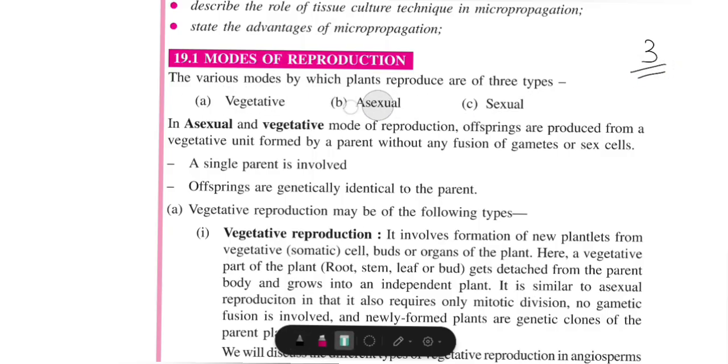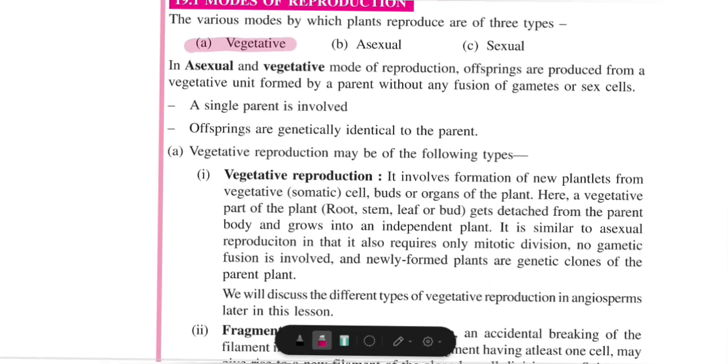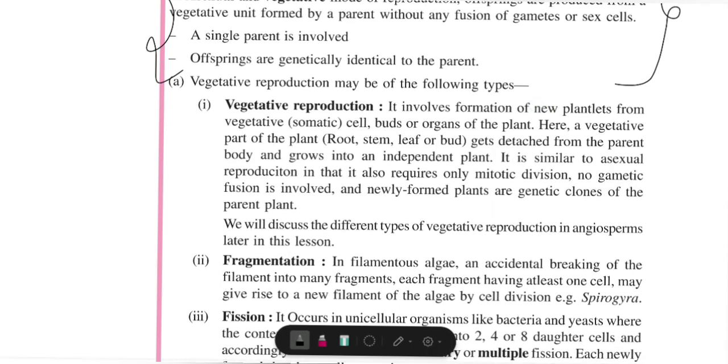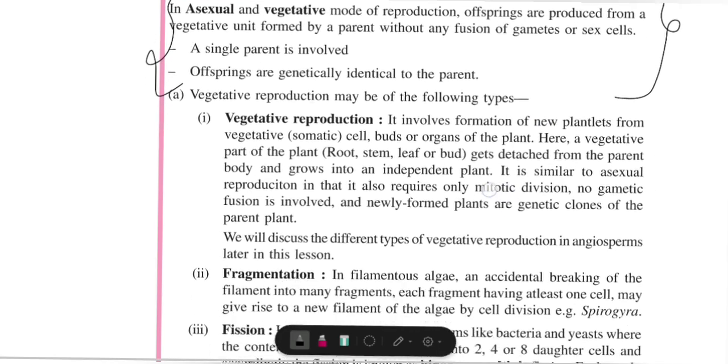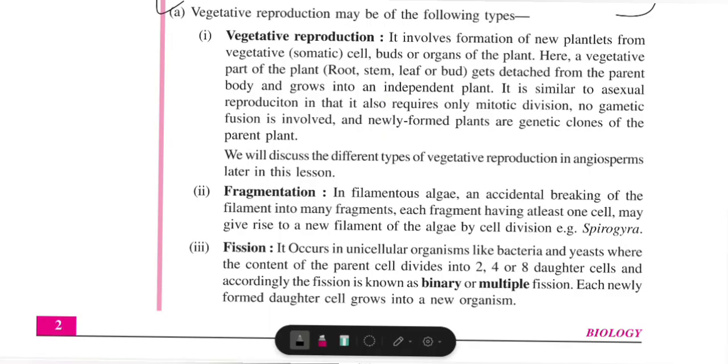Okay, now let us first focus on the first way being vegetative. Let us focus on how plants reproduce in vegetative way. We're going to look at this paragraph afterwards, after we are done with the topic of asexual and vegetative, but for now just focus on vegetative.